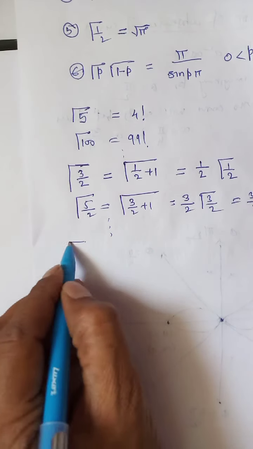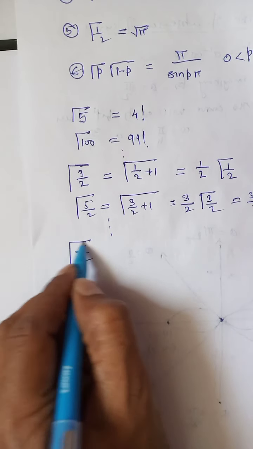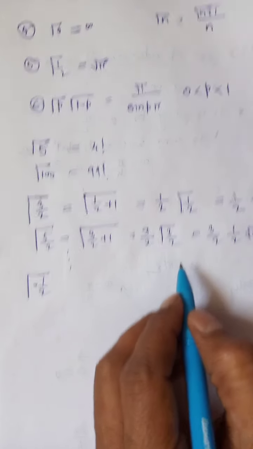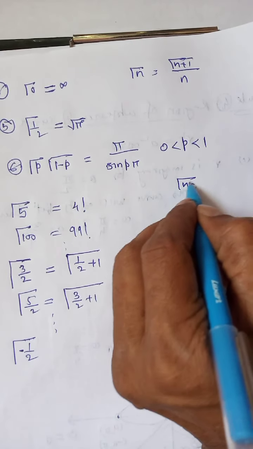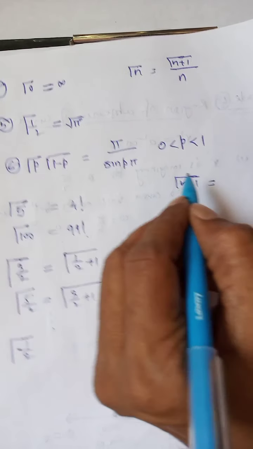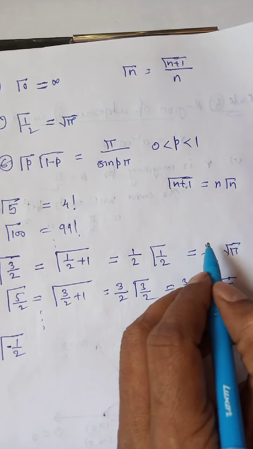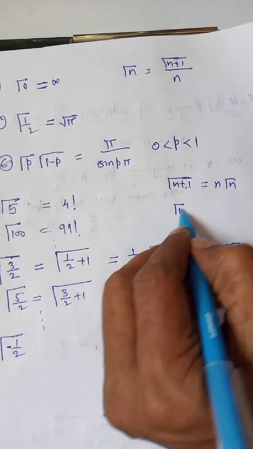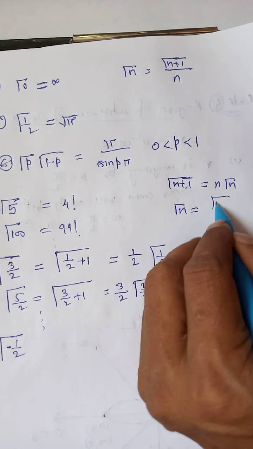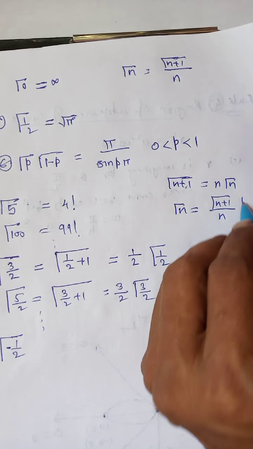If somebody asks you to evaluate the value of, say, gamma minus half, then in this case we'll use the reduction formula, gamma n plus 1 equals n into gamma n, as gamma n is equal to gamma n plus 1 by n.